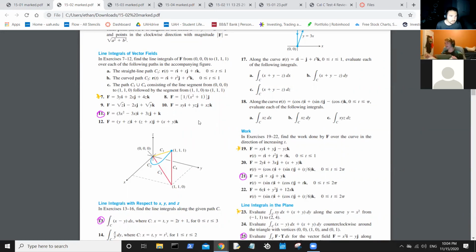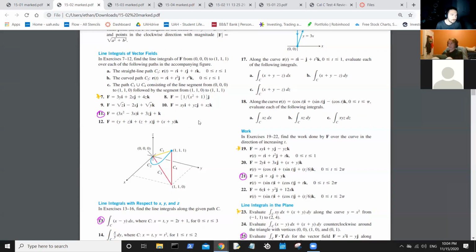You basically need to do the problem twice and then add the results. It goes C3 to C4, so that's a double, and then C1 is direct, and C2 is a curved path.